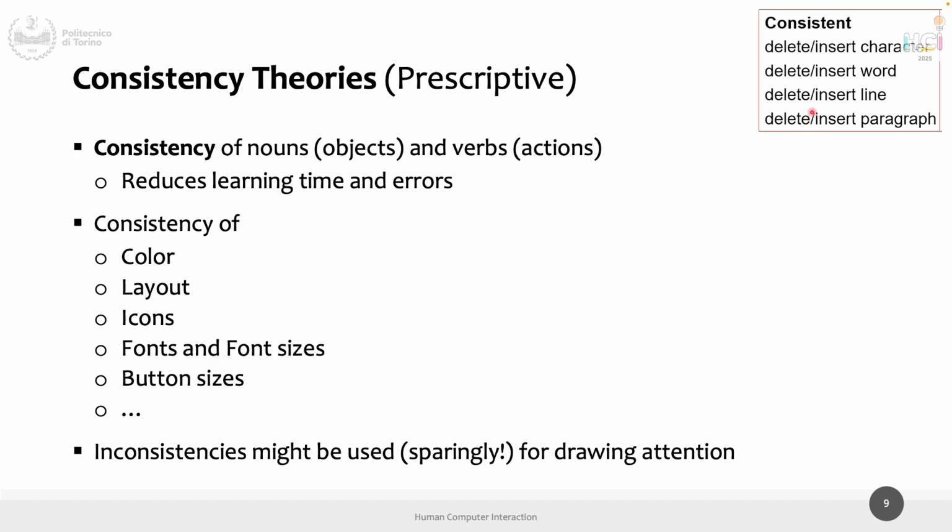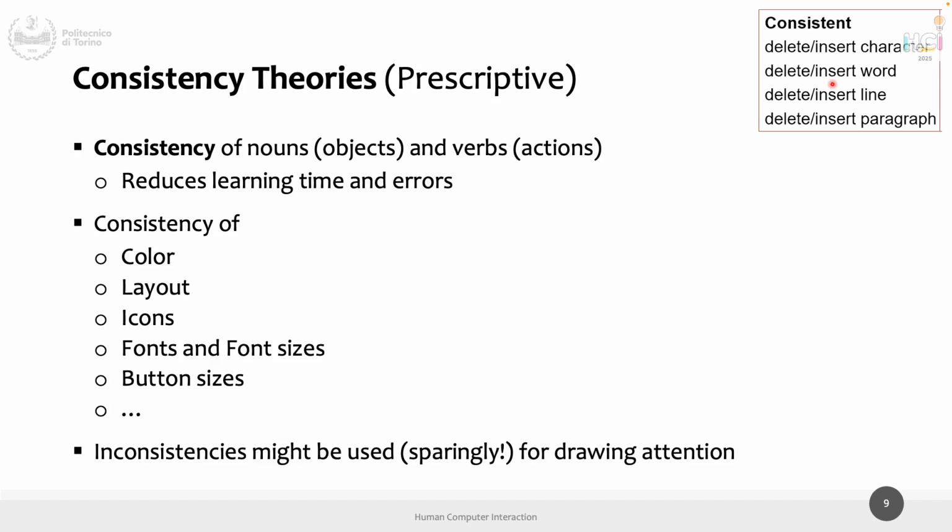So if for deleting or inserting a character, a word, a line, a paragraph, you always say delete and insert, that's consistent and easier to learn instead of saying delete, insert character, and remove and add word. So consistency in labels present in the user interface, for instance, or in the documentation.